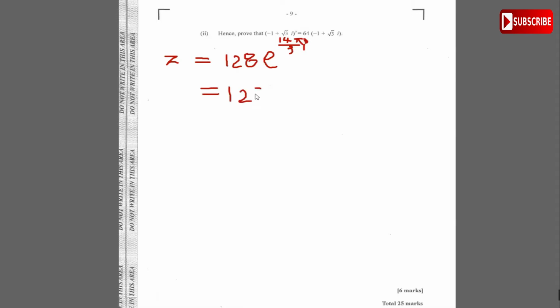In polar form, this would be 128 times cos 14 pi over 3 plus i sine 14 pi over 3.